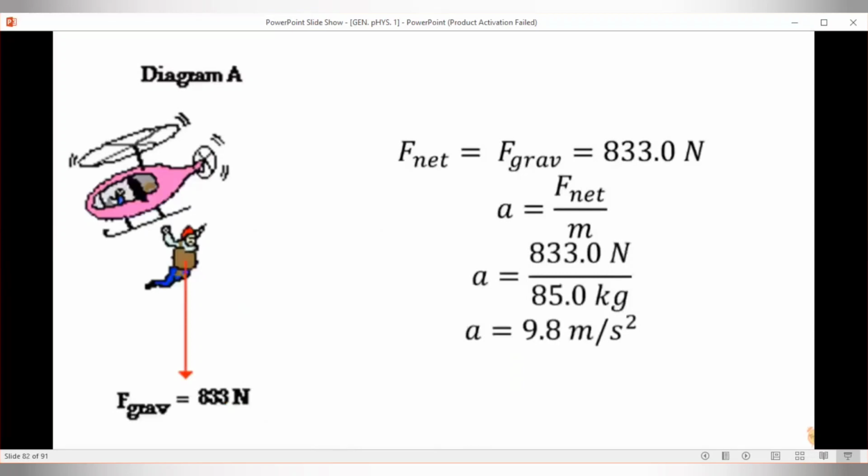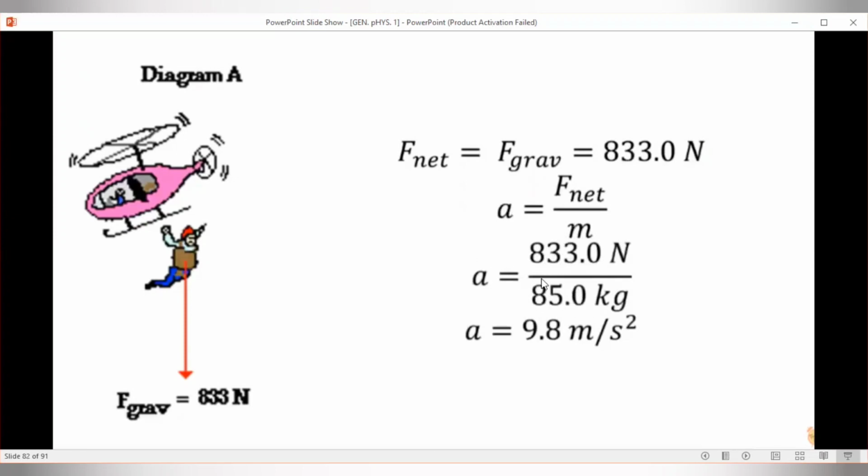For diagram A, to solve for net force, since our direction here is downward, therefore our net force is equal to the gravitational force, which is 833.0 newtons. By substitution with the mathematical expression of acceleration, acceleration is equal to net force over mass, or net force, which is the gravitational force, 833 newtons, divided by the mass of the body, which is 85 kilograms, which is given in the problem.